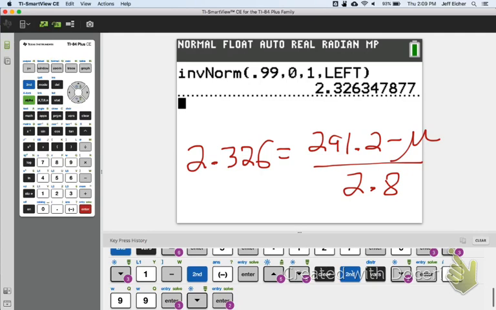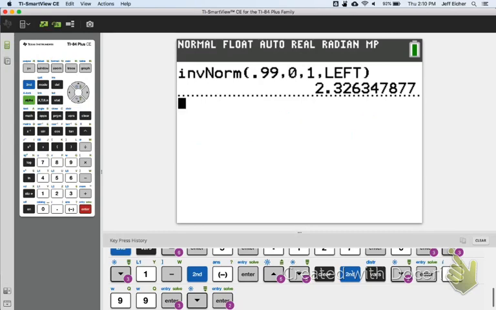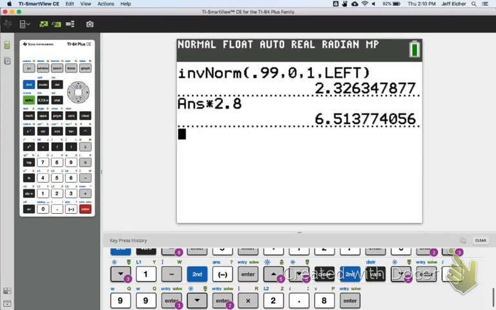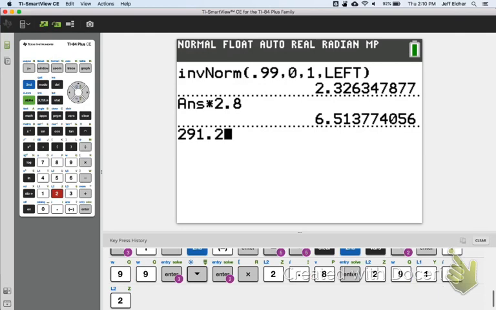So solving that, multiply both sides by 2.8, do a little algebra, get that over there, and then solve. So that's going to be that answer times 2.8. Enter. And then if I add the mean over and then subtract this, I think that would be 291.2.